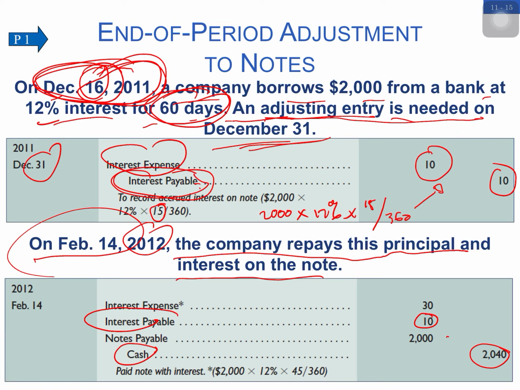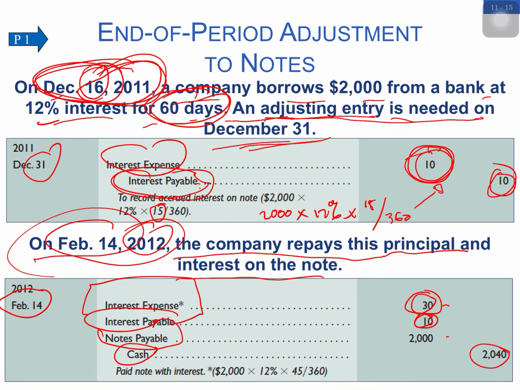Last time the company recorded interest payable of $10, but at this date the company pays the payable, so the company will record $10. And then interest expense $30. They recorded $10 last year, so at this date the company will record another $30. And then notes payable $2,000. So the company pays $2,040 on the deadline.